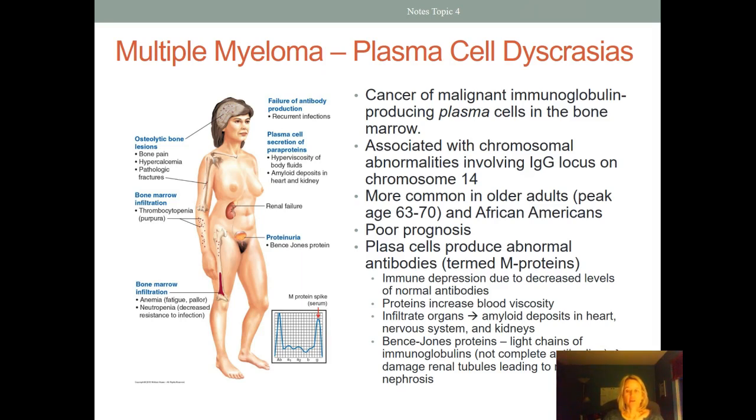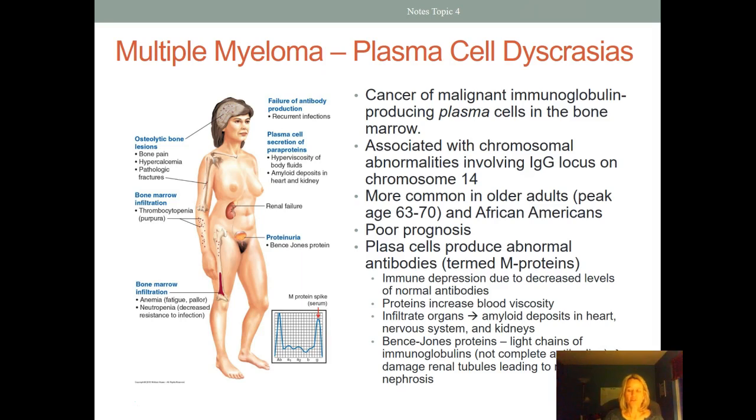Because we have a whole bunch of abnormal antibodies, but not very many functional antibodies, this is going to cause immune depression. These extra antibodies are going to increase the viscosity of the blood and can lead to deposits in the heart, kidney, and nervous system.